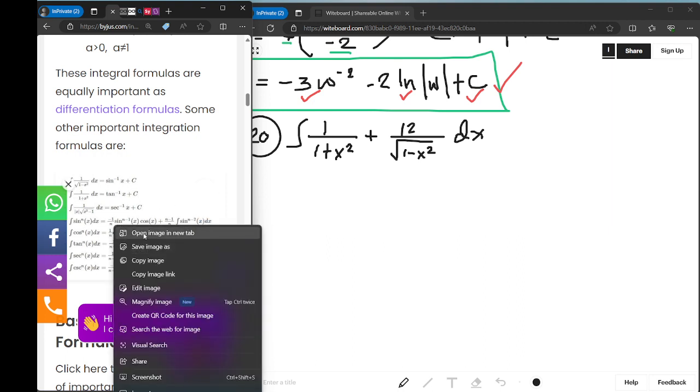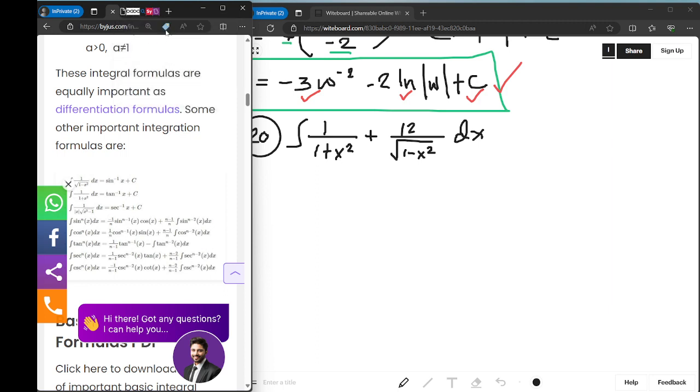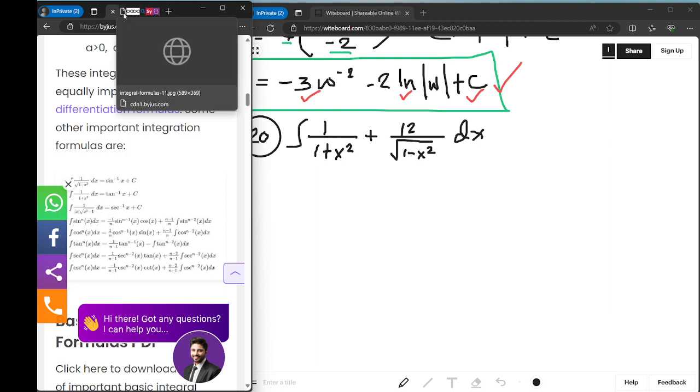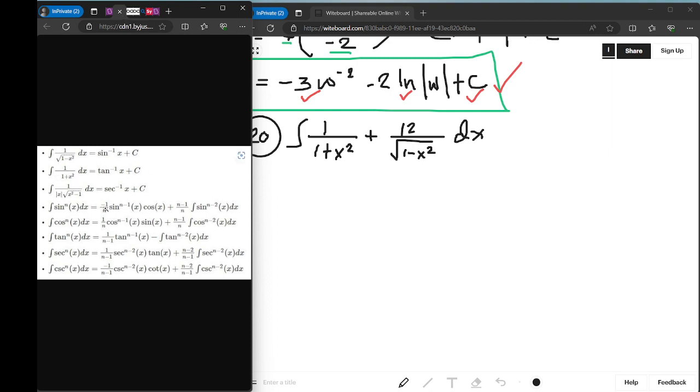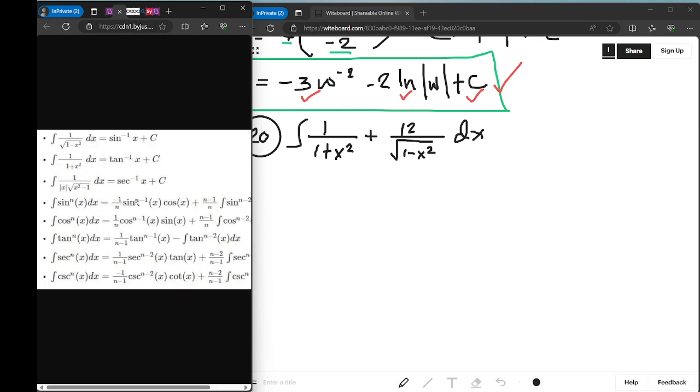Can we open the image in a new tab? Yes, we can. Here they are. We have the square root of 1 minus x squared, and we have 1 over 1 plus x squared. So this can be easily integrated.